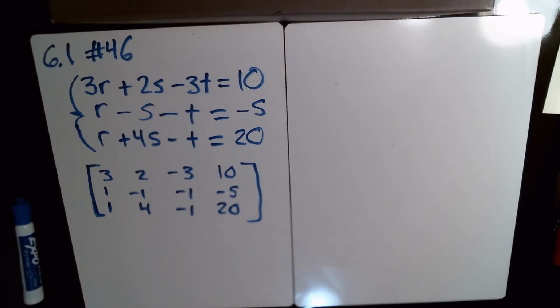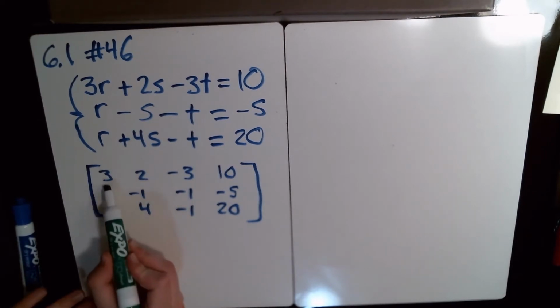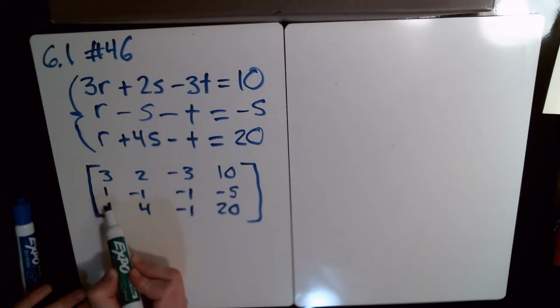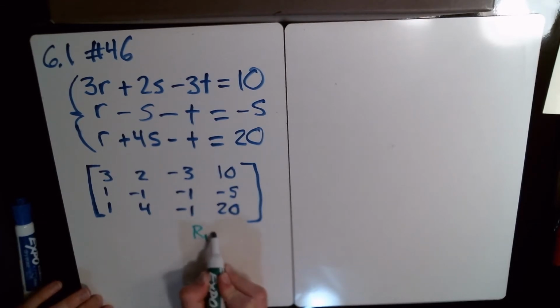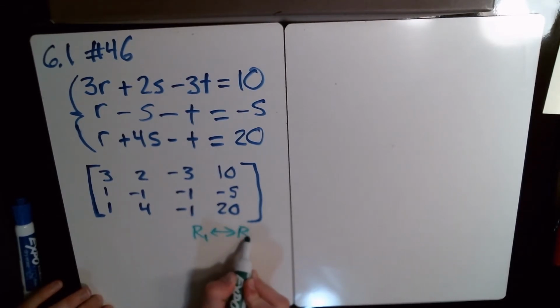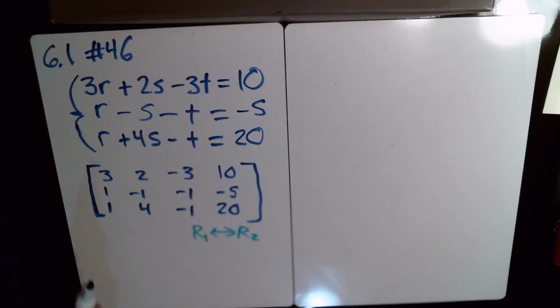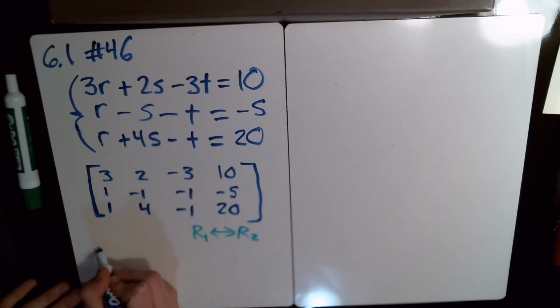And so first thing we want to do is get a 1 up here. And so to get a 1 up there, well, there's 1s below it, so I'm just going to switch a row. So we'll maybe switch row 1 and row 2. Those will switch around so that we get the 1 in the right spot.